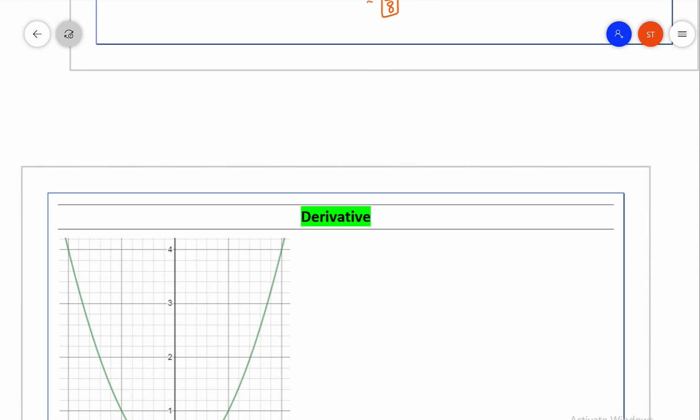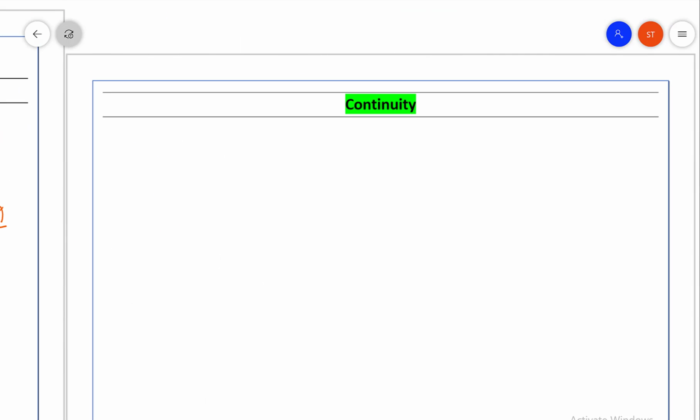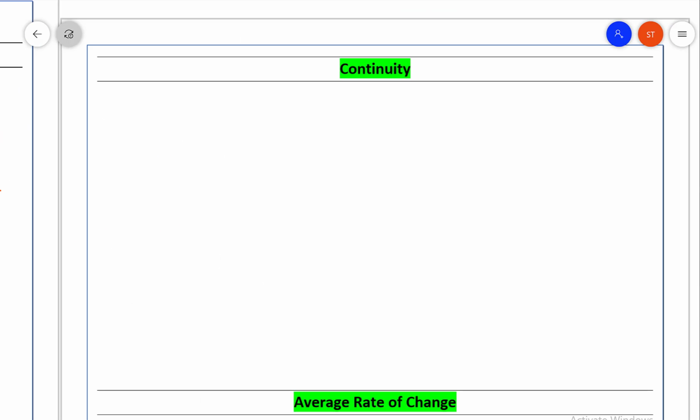And then let's go on to continuity. I'm going to draw a graph and then look again at a piecewise function. So a graph, suppose we have f of x, and it has a vertical asymptote at x equal to -1. And then at x equals 2, there's a hole.